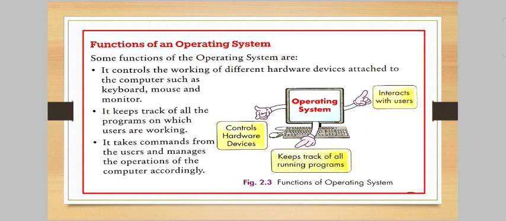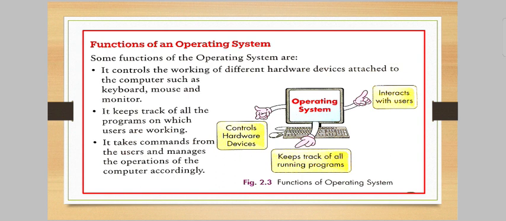It keeps track of all the programs on which users are working. That means the operating system keeps track of all the running programs in a computer. It takes commands from the user and manages the operation of the computer accordingly.